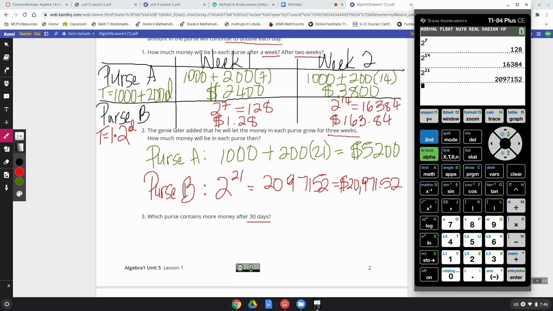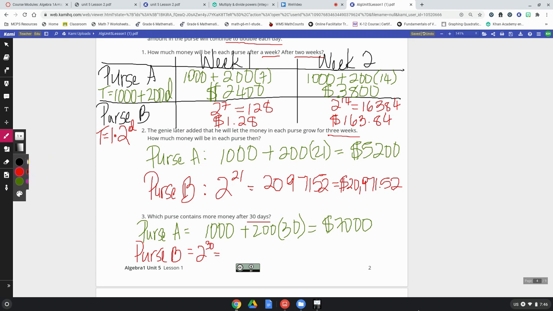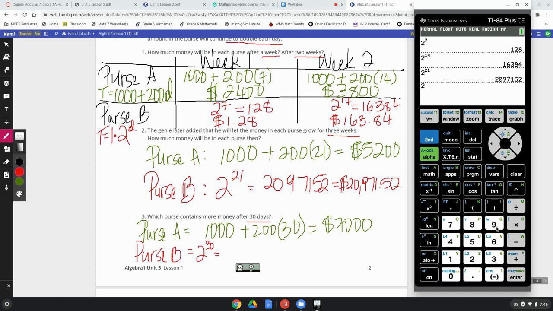All right. For number 3, purse A after 30 days would be 1,000 plus 200 times 30, which gives us 7,000, which now looks like a paltry sum compared to purse B, which is 2 to the 30th, which, let's see, woo.